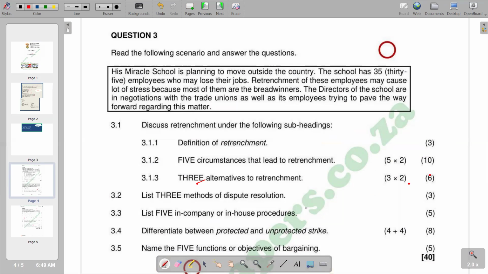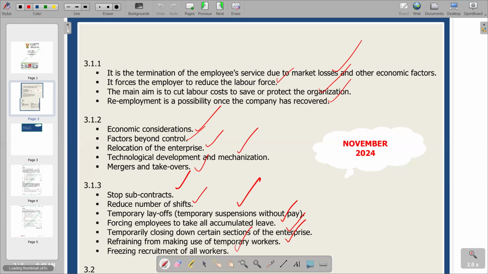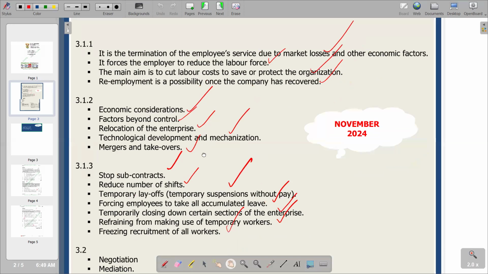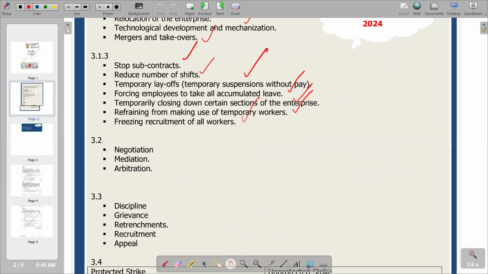Then 3.2, the three methods of dispute resolution. We're going to see that we have mediation, we also have arbitration, and obviously we have negotiation. So these are the three methods that we have.